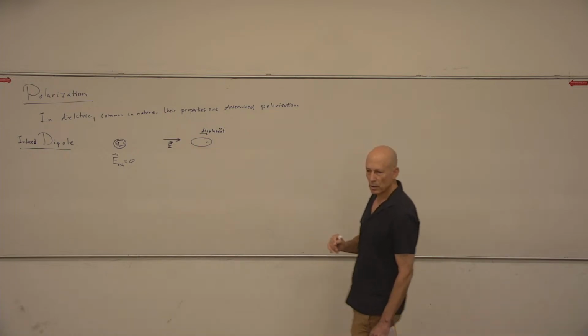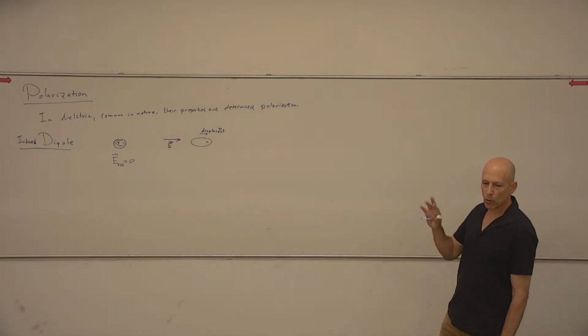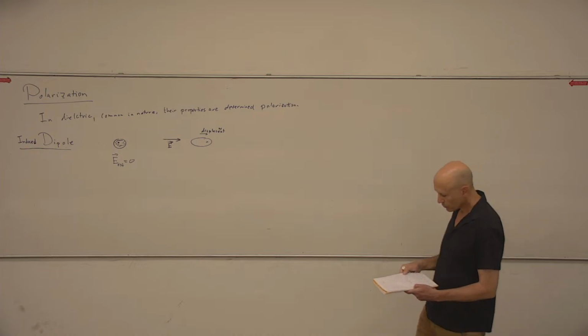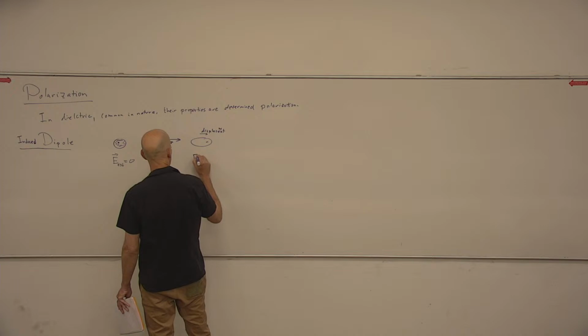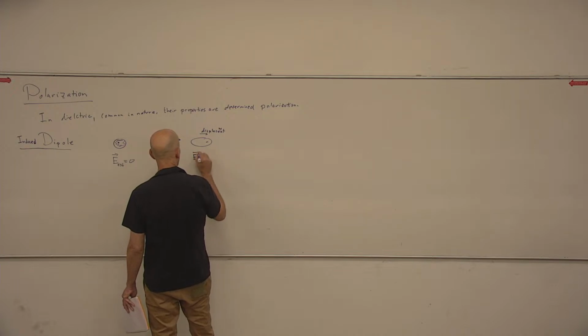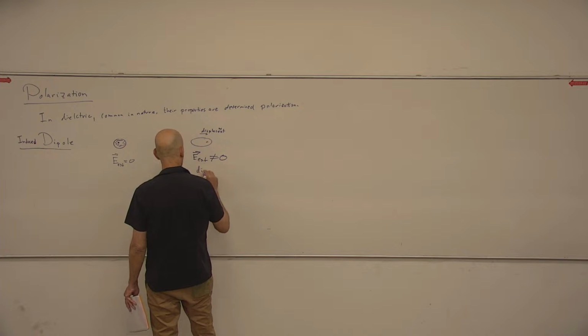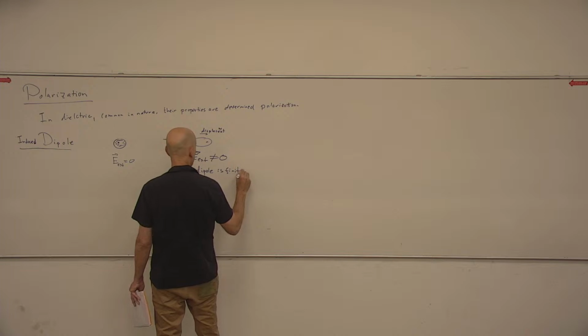That's obvious. But we will calculate orders of magnitude of this now. So here, the external field is not equal to 0, and the dipole is finite. That's all I want to say.